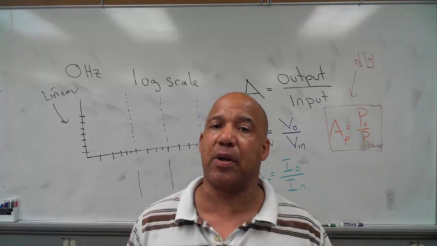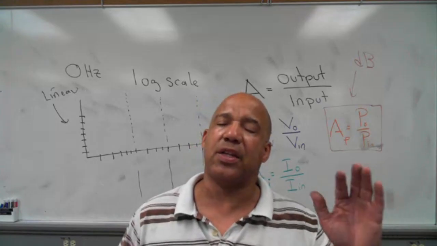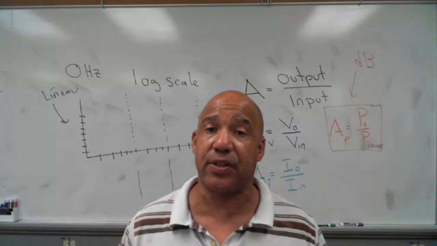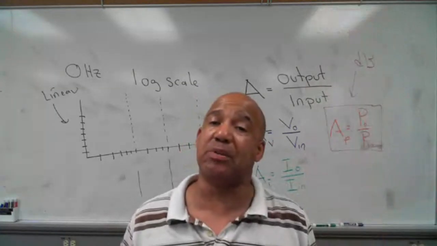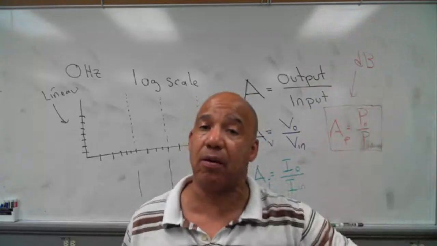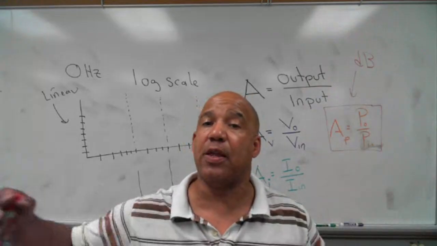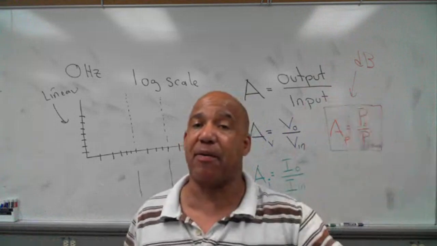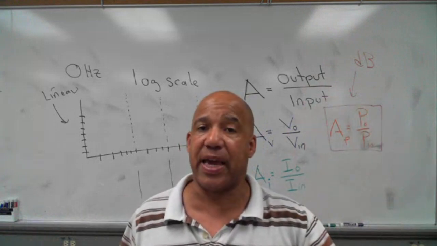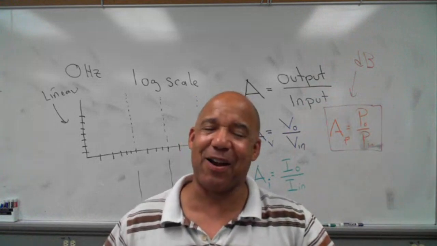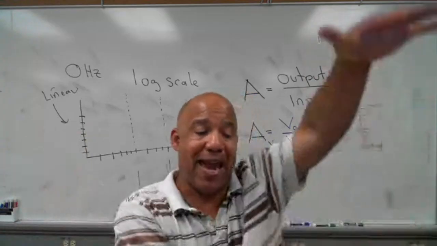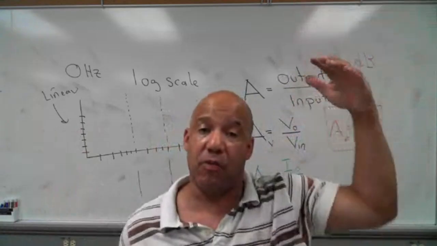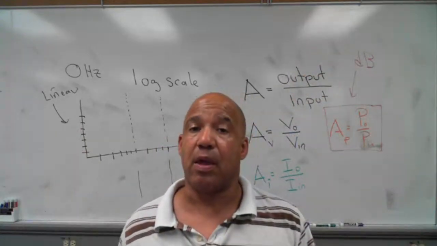A step-up transformer gives you magnification. You can put a small voltage in and step it up, but that comes at the expense of the current, which goes down. And in an ideal transformer, the power you put in is equal to the power you put out. So that's not true amplification. It's magnification. You're magnifying, or making bigger, the voltage or current.